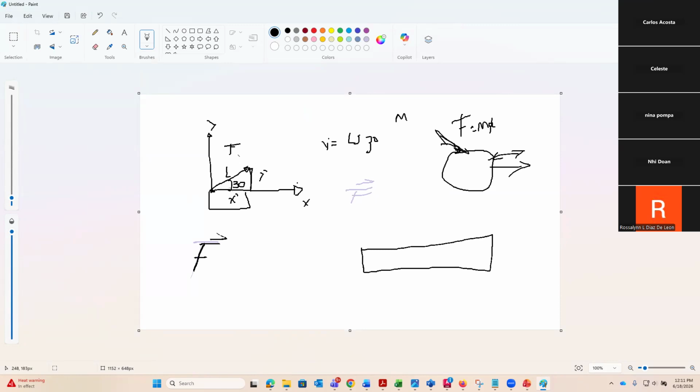Force is defined as components in each dimension: x plus its components in y plus its components in z. We only have 3 dimensions in this world.